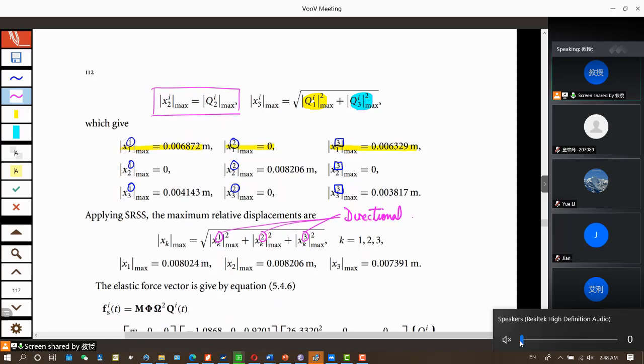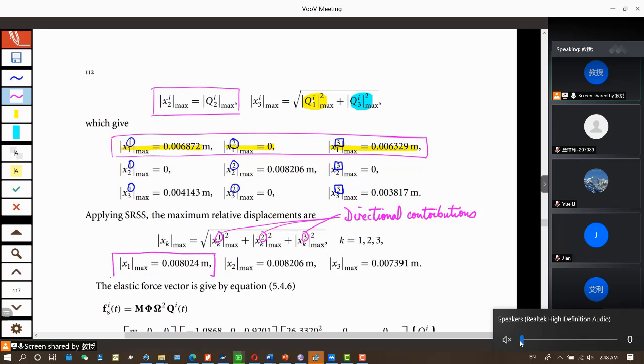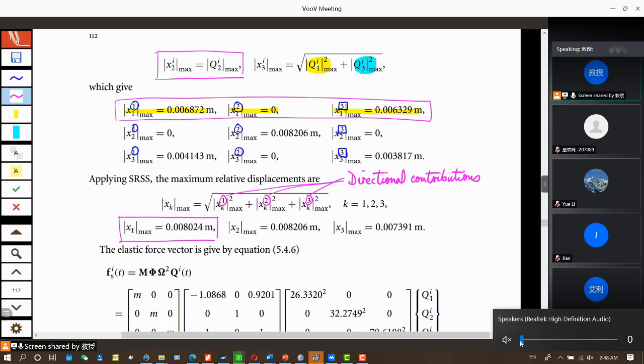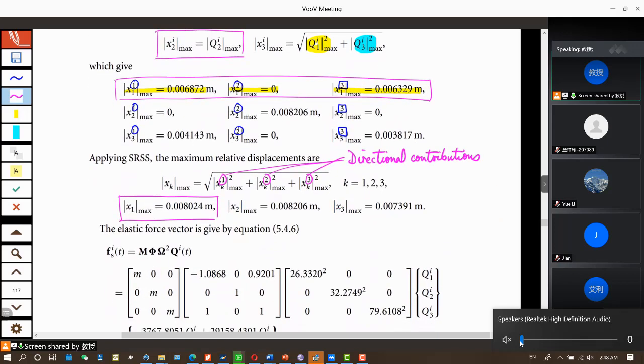To find the elastic force, we use this equation. Now you expand to find the elastic force in terms of the modal response. And then the overturning moment at the base is given by this.